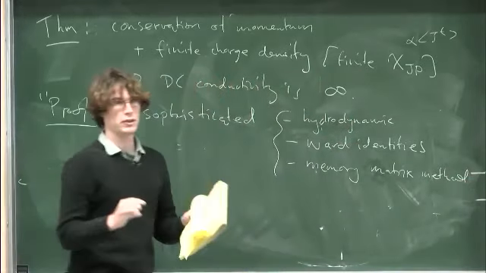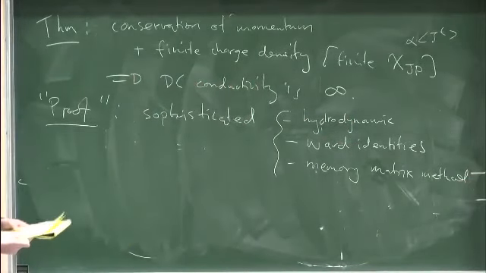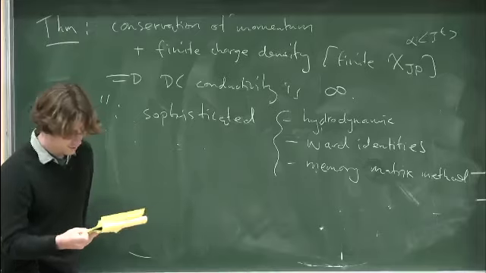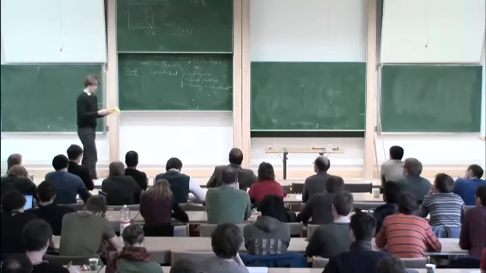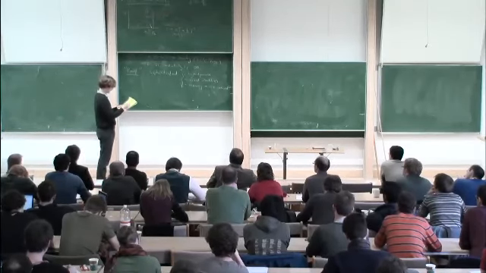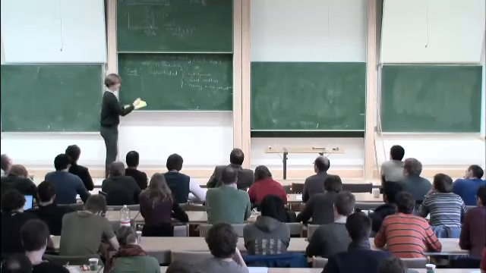Those are three frameworks in which you can get the formula that I'm about to give you. But let me do it a slightly pedestrian way, which I think is rigorous, and we'll get the same results.